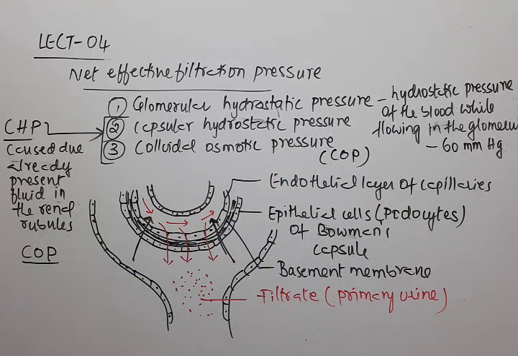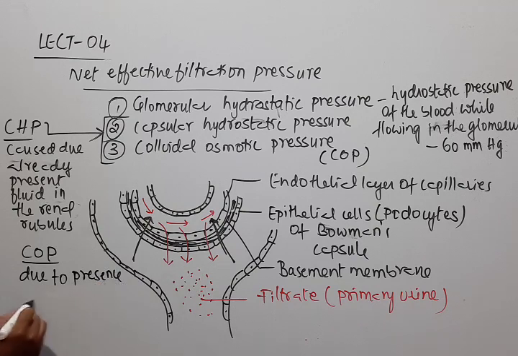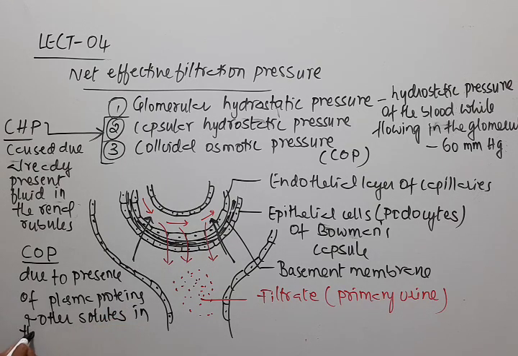So this colloidal osmotic pressure is due to the presence of plasma proteins and other solutes in the blood of the glomerular capillaries.